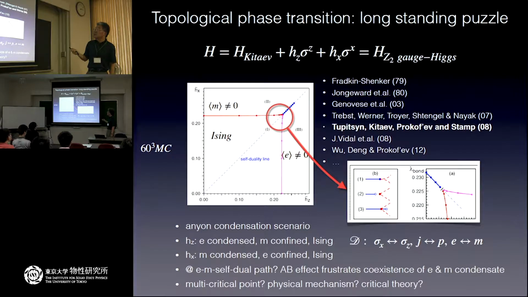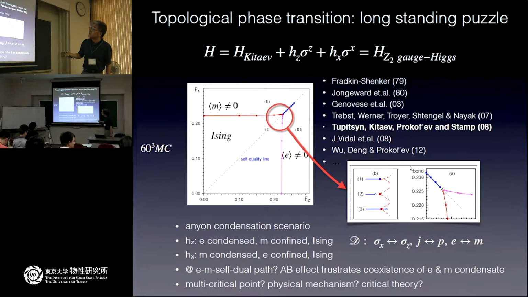But this model is not exactly solvable, so they could only use the Monte Carlo method to try to understand the possible phase transition in these Z2 gauge Higgs models.